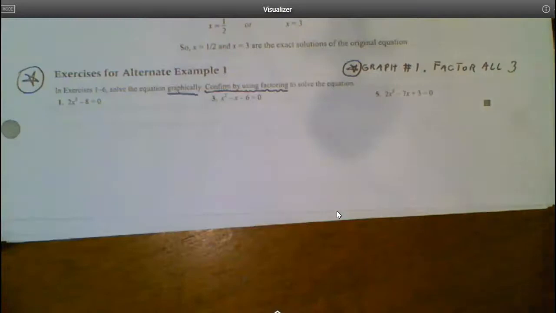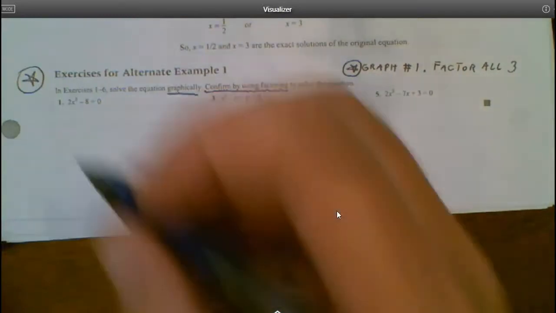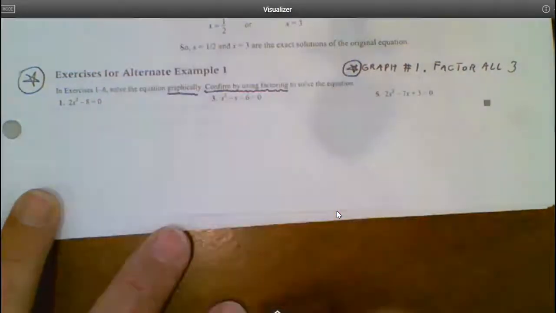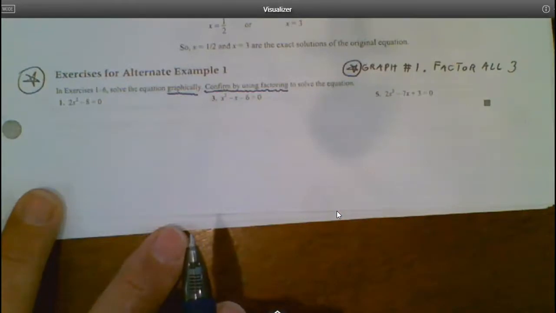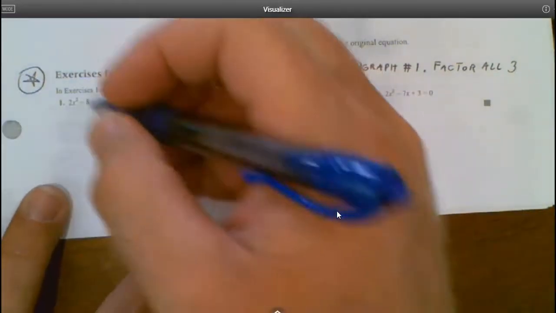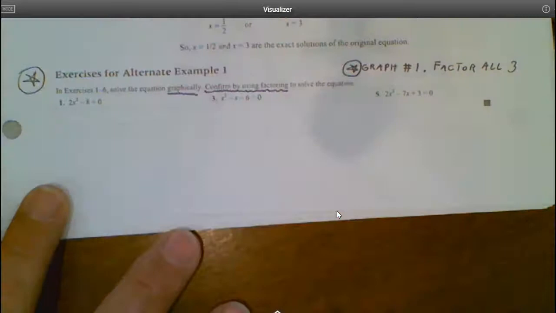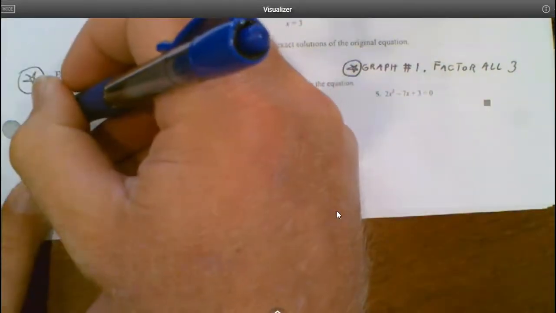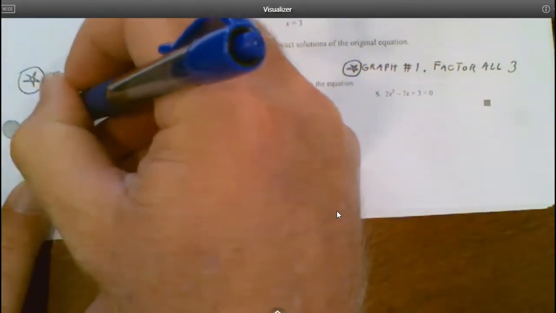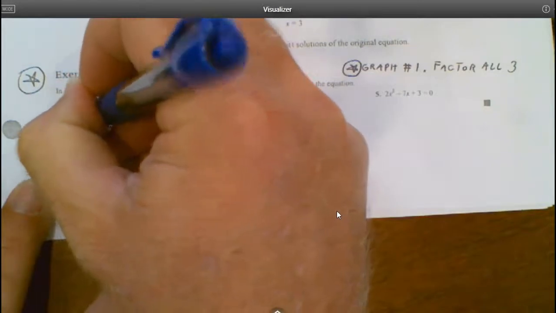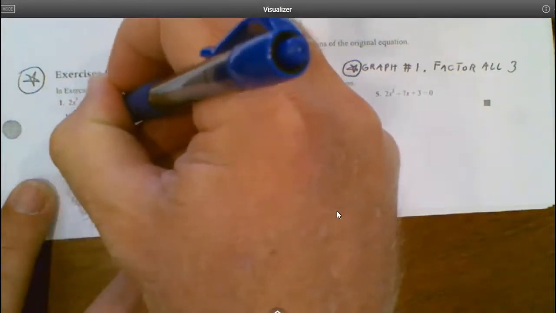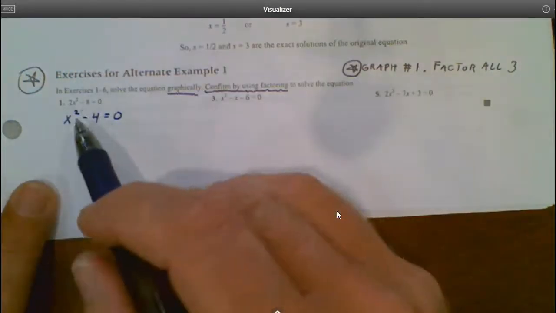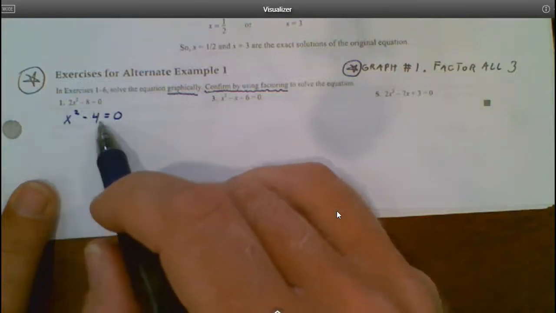If you were going to solve this one by factoring, I wouldn't even factor this one to be honest, but we'll do it anyway. I'm just going to start by dividing everything by 2 before I factor it, so that you can see this a little simpler. We have our classic difference of 2 squares.